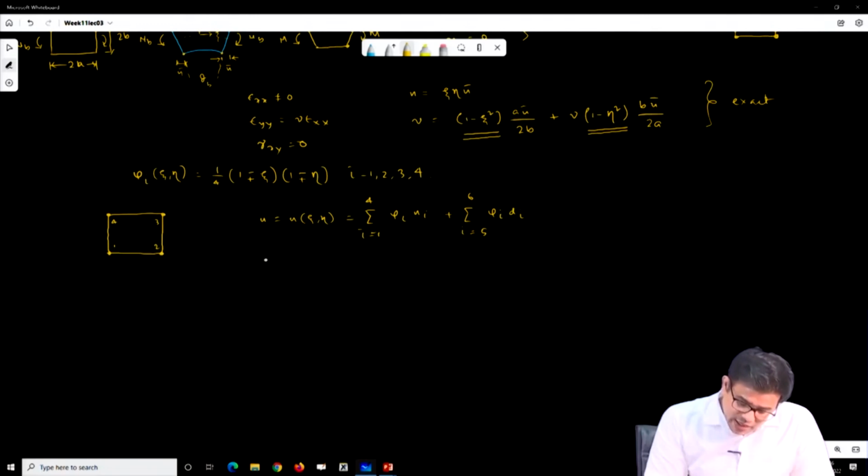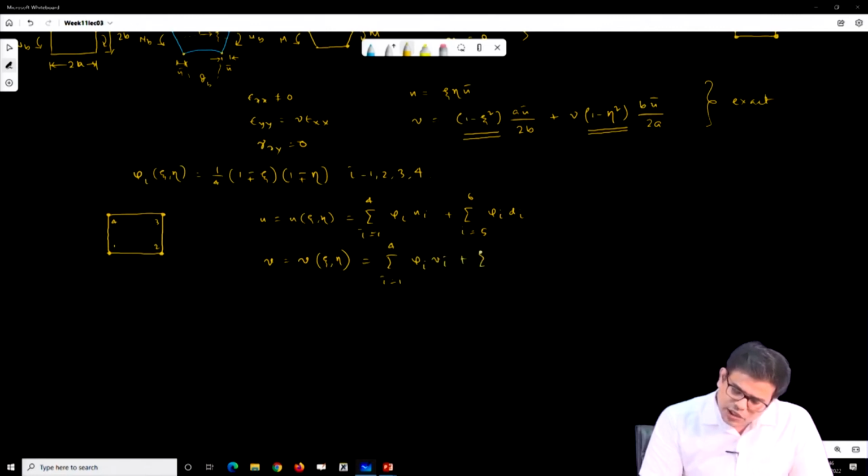Similarly for v, I write v as a function of xi eta as the summation of I equals 1 to 4 phi I vi plus the summation of I equals 5 to 6 phi I beta I. Let us say this is not di, let us say this is alpha I, since I will use d somewhere.